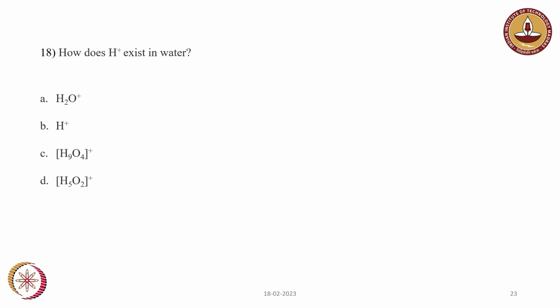H plus will form a bond with one water molecule and it will get hydrated by 3 other H2O molecules. The H plus will form a bond with one of the lone pairs, so it will form H3O plus first, and all this will be polarized.